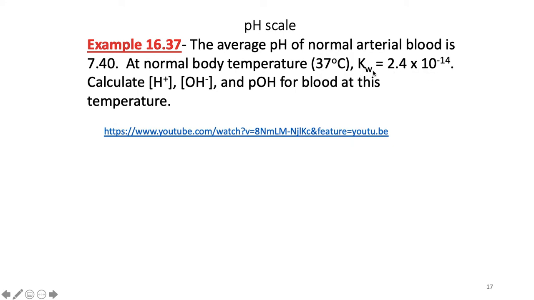The relationship doesn't change. H plus times OH minus still gives you Kw, but in this case, Kw is a little higher than at room temperature, which is 1 times 10 to the minus 14th. Once again, click the link and watch this problem, how it's worked out.